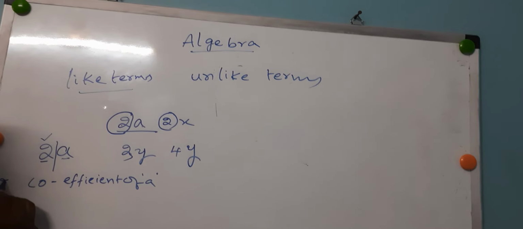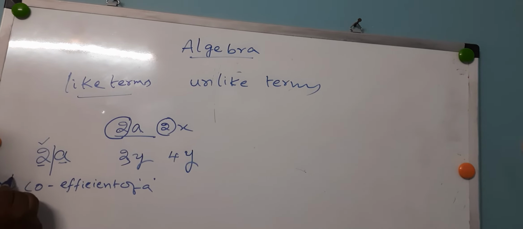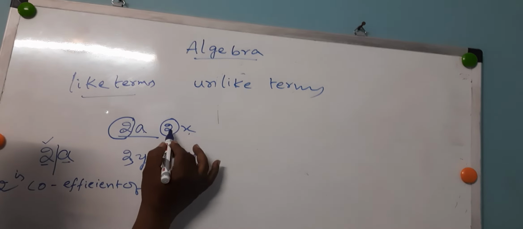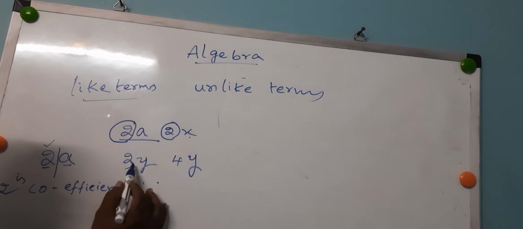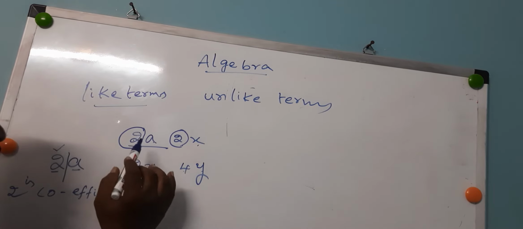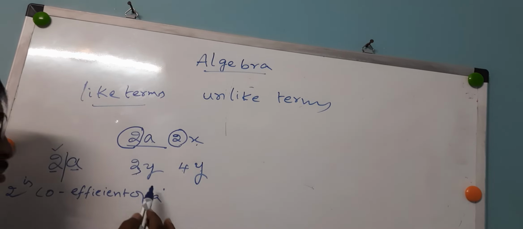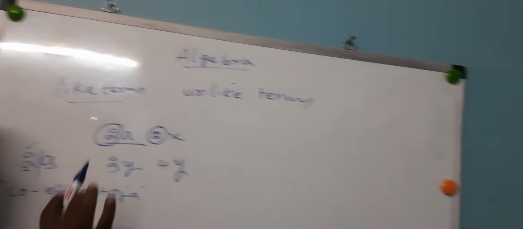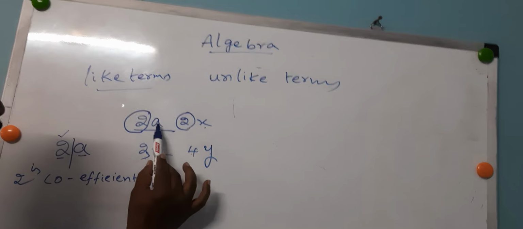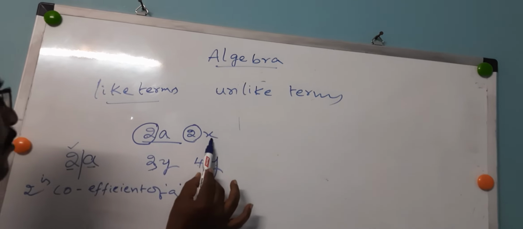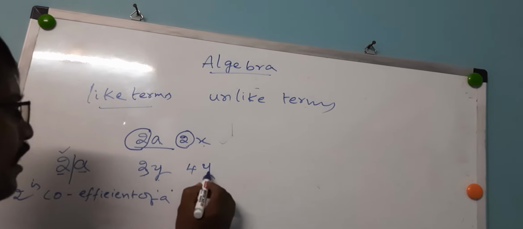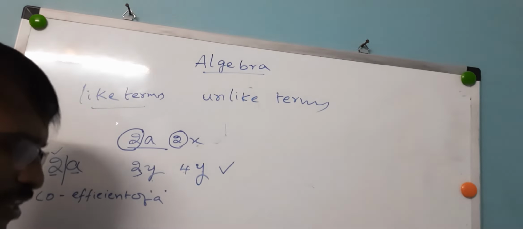Here the coefficient is 2, here the coefficient is 3, here the coefficient is 4. The constant becomes the coefficient of the algebraic or variable term. Here the variables are a and x, which are different variables. Here y and y are the same variables.